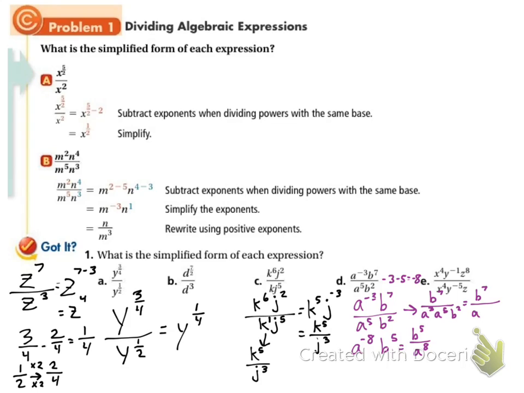That turns into a to the 8th because 3 plus 5 is 8. And then I've got my b squared. And then I can subtract my b's. b to the 7th and b squared, 7 minus 2 is 5. So this is b to the 5th over a to the 8th. So a couple different methods there. Your choice on which one you want to use. If I were you, I'd rewind this, watch this again, and decide which one you want to use.